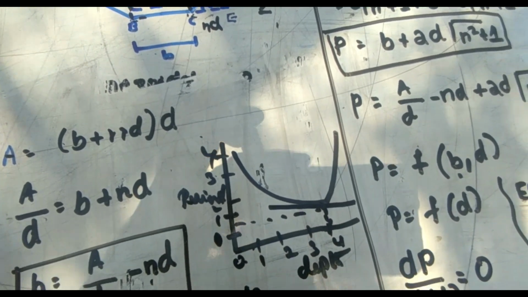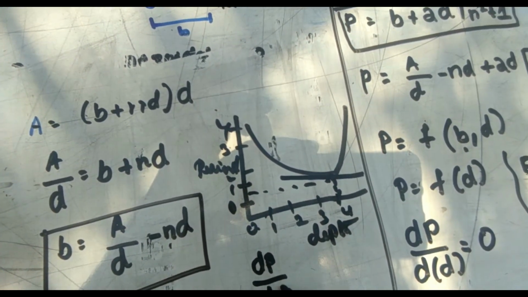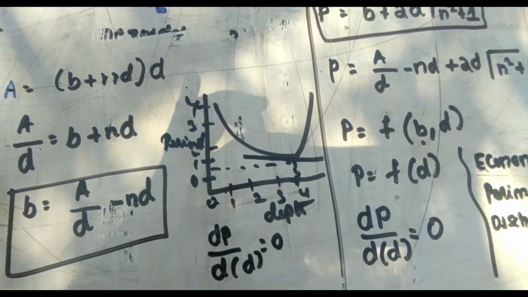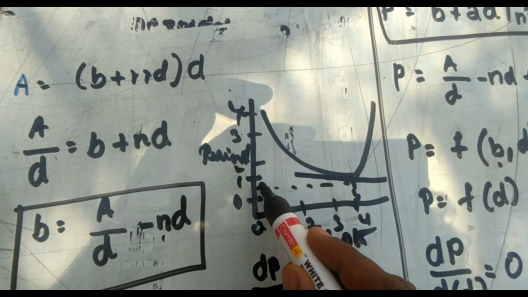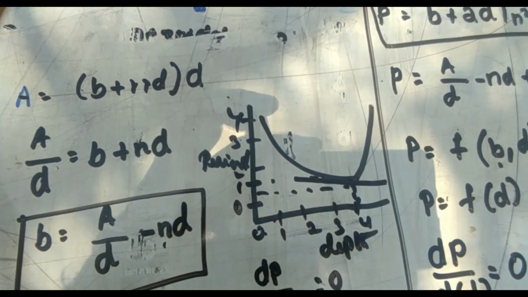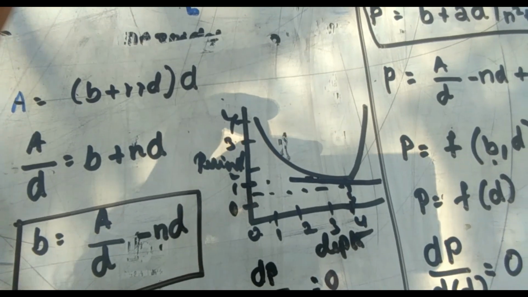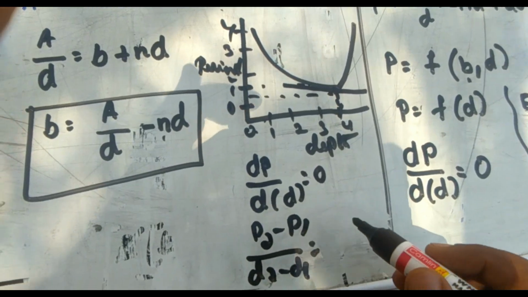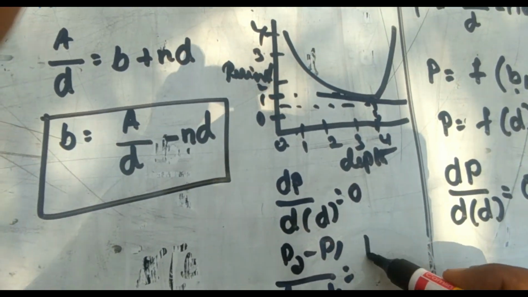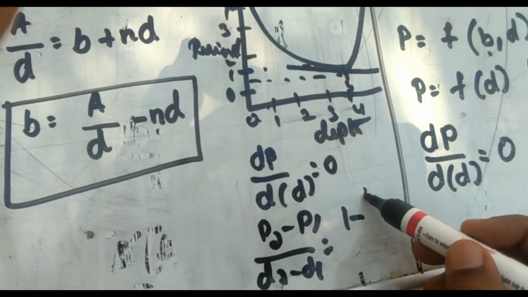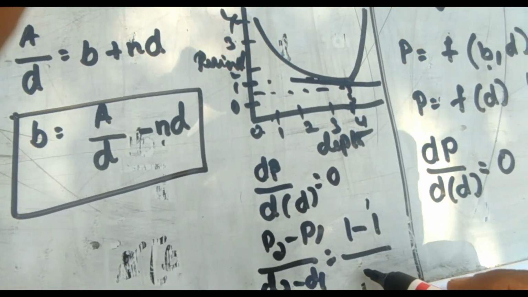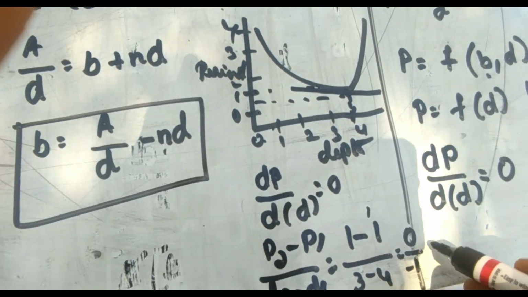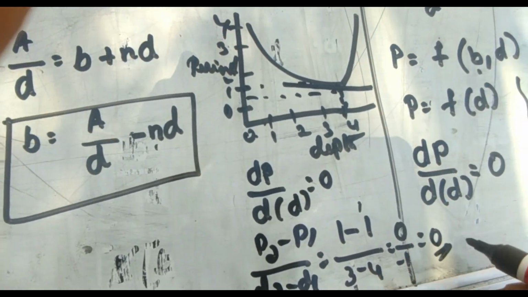So dp divided by dd is equal to 0. Here the change of perimeter is p2 minus p1 divided by d2 minus d1. The value of p2 is 1 and p1 is 1, so the perimeter is not changing, and d2 minus d1 is 3 by 4 minus 1, so the value is 0.